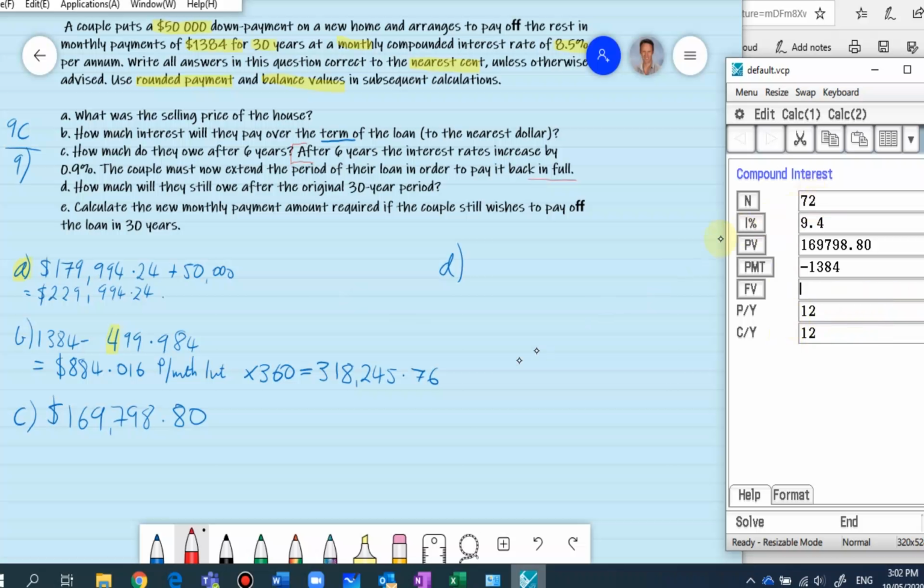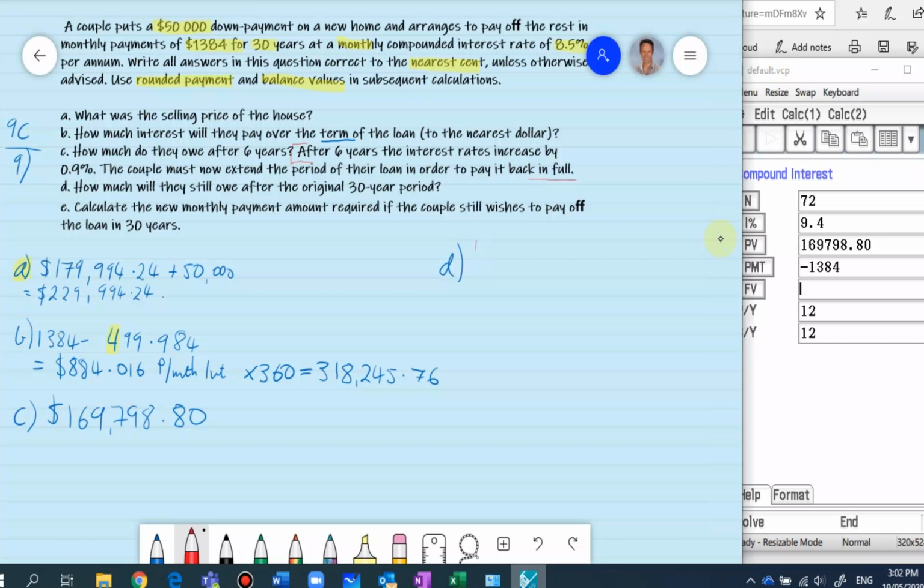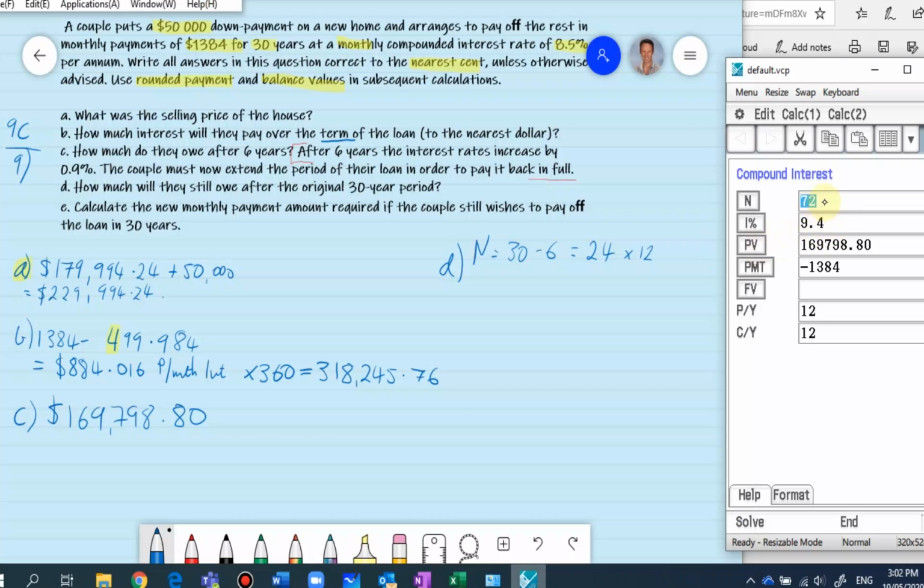We need to change N though. Okay, N in part D, I'll change that over here. N is going to be equal to 30 years take 6 years, which is 24 years. Okay, so after 24 years, and there's 12 payments every year, so 24 times 12. And we're going to solve for future value.